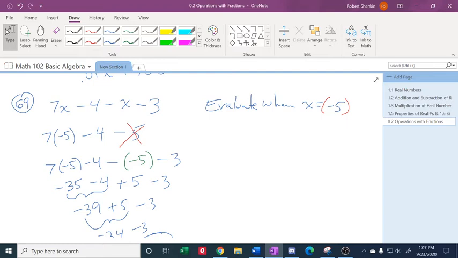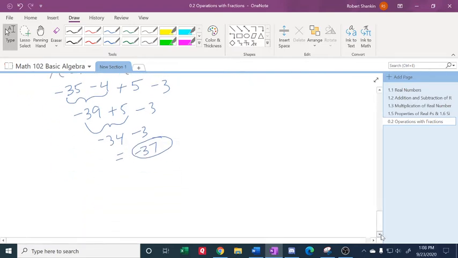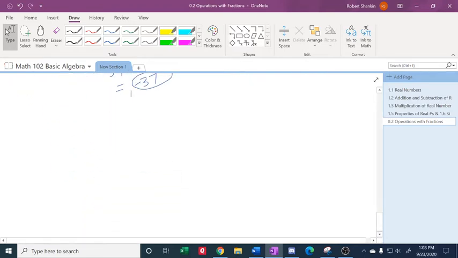Number 36, I really got stumped on for some reason. 36. Ooh, that's kind of complex. Okay, so we're just trying to simplify all this.